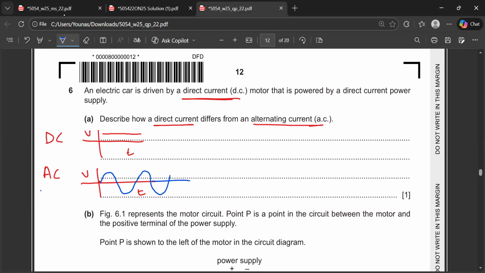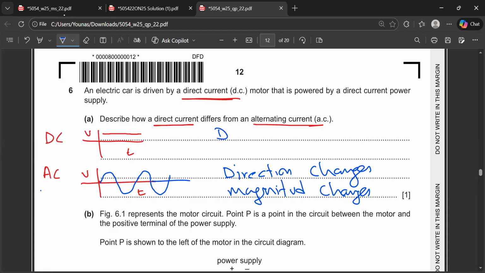So you see the direction of the AC current is reversed, and its magnitude also changes. But here the direction is constant, it does not change.